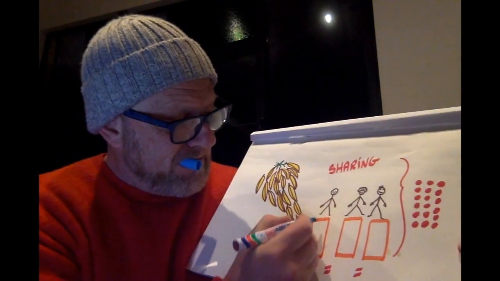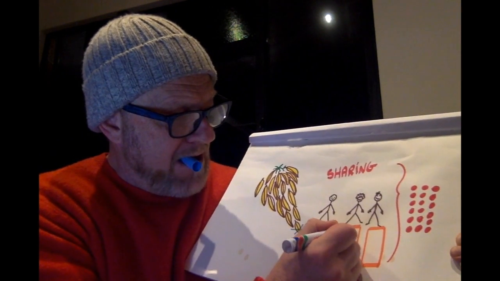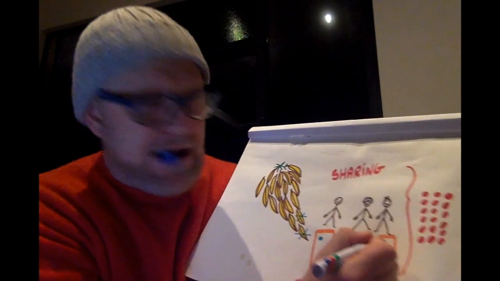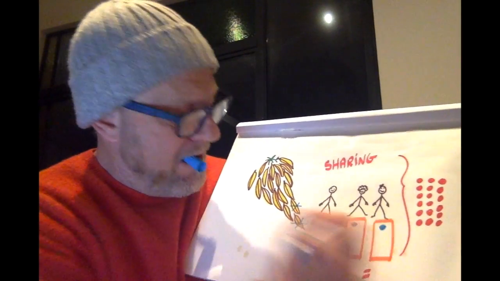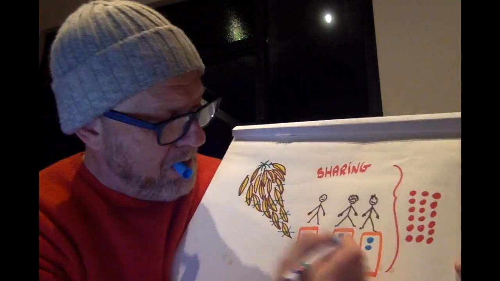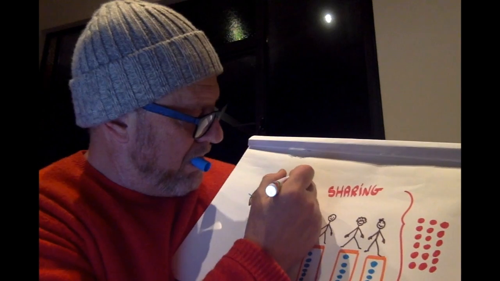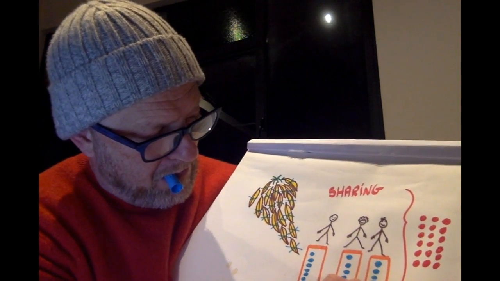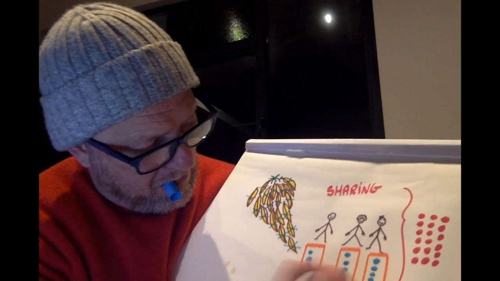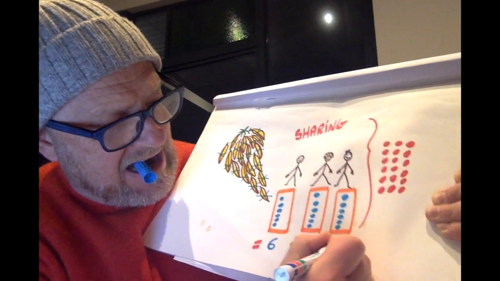So, of the 18 bananas, you take 1 banana for him, 1 banana for him, 1 banana for him, 1 banana, 1 and 1 for him. So, each person, if there are 18 bananas and they're shared equally, gets 6 each.